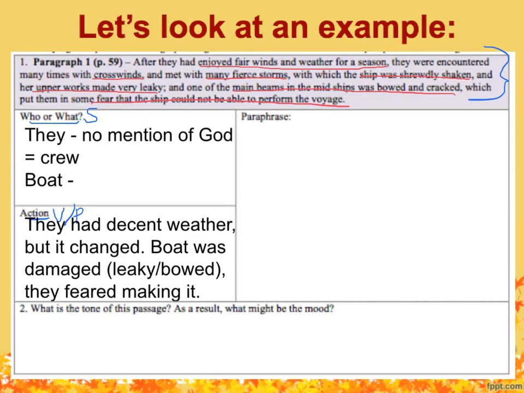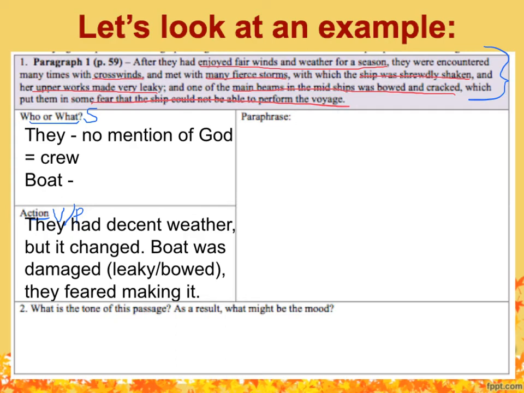Now, my who and what and my action doesn't necessarily have to be in a complete sentence. But then I put those two things together and I come up with my paraphrase. Now, the reason I've stopped and thought about who or what and that action is because I don't want to leave any key details out. So when I build my paraphrase, you'll notice not only is it a complete sentence, I made sure that it didn't miss any of that information from the actual passage itself. So I still have all of that vital information.